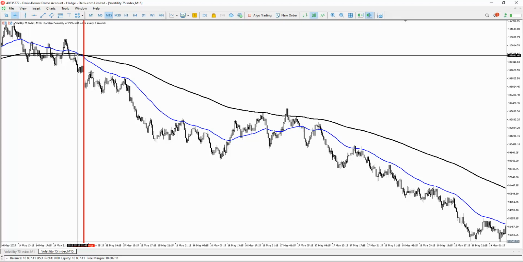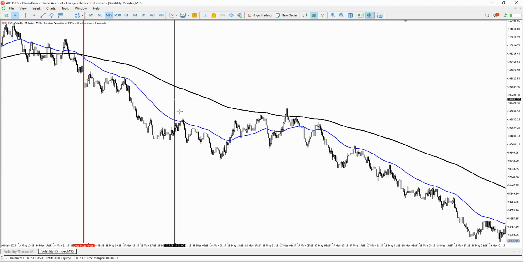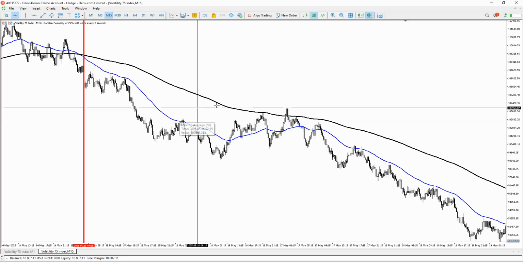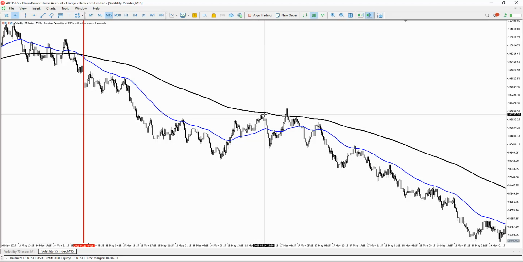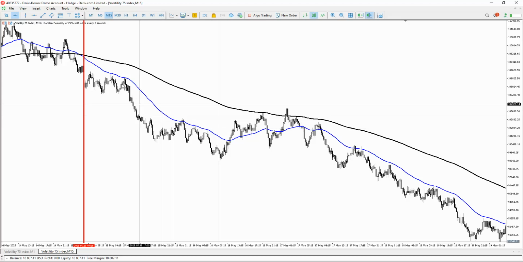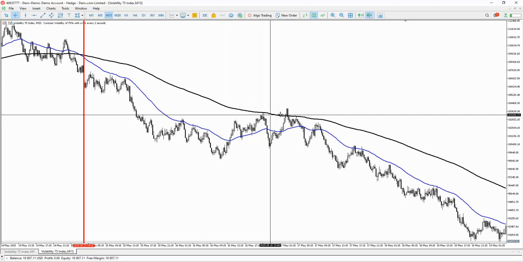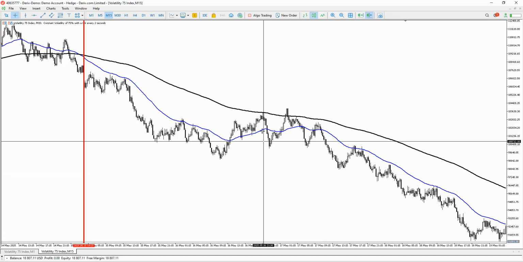Anytime it comes above the 50 period and then creates a new low, you move your stop loss there. You would have been taken out by this pullback here, or at times you might wait for it to touch the 200 period moving average and then create a new low, although that is a little bit more risky.